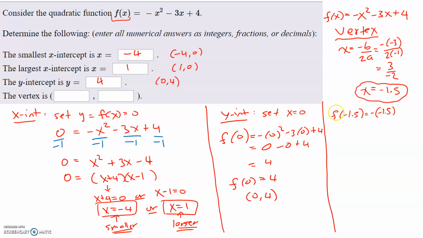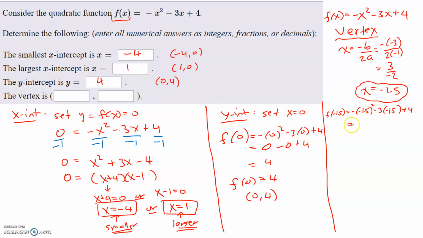Let me actually rewrite this, a little bit smaller. I'm running out of space here. Okay, so I have f of negative 1.5. So x equals negative 1.5, so I replace the input with negative 1.5. That equals negative, parentheses, negative 1.5 squared, minus 3 times negative 1.5, plus 4.